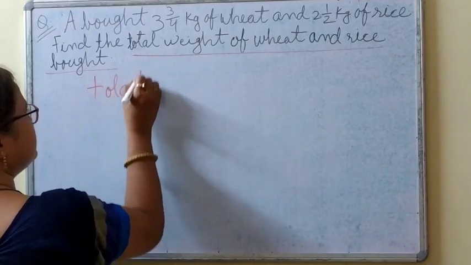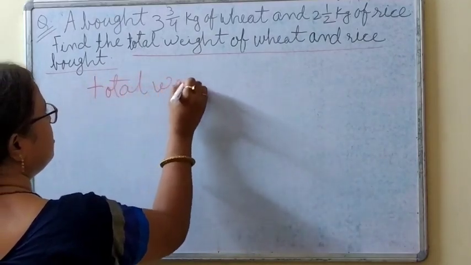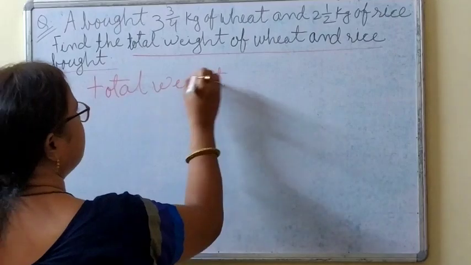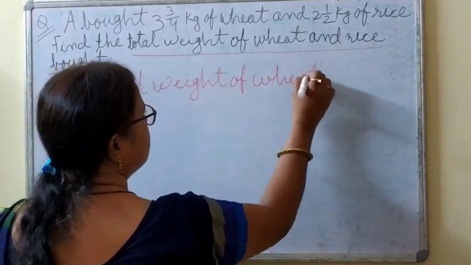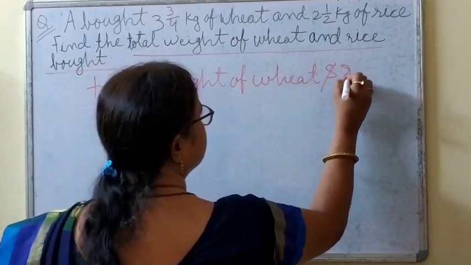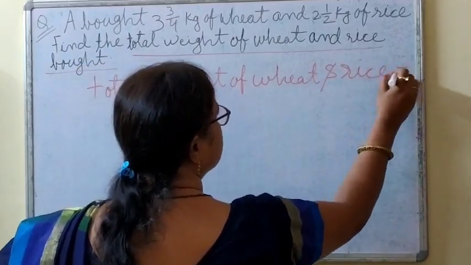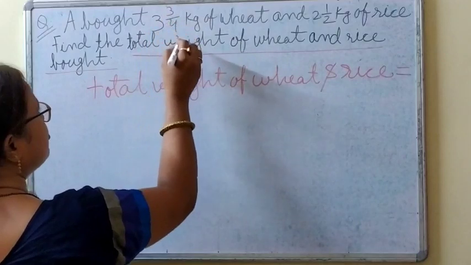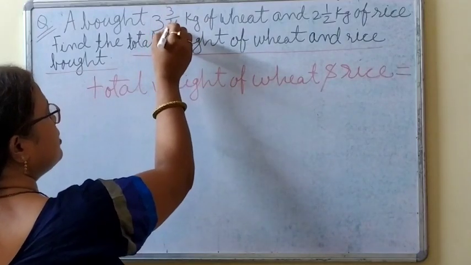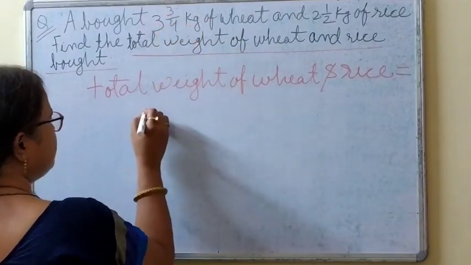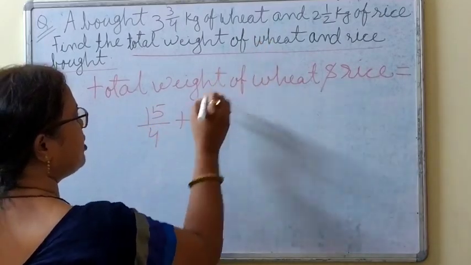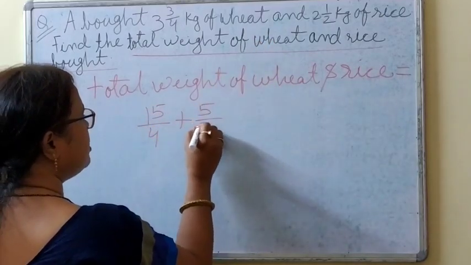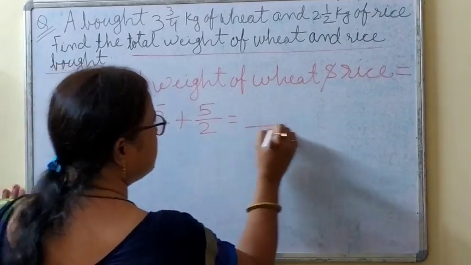First we will write: total weight of wheat and rice is equal to 3 by 4 means what? 4 3s are 12, 12 and 3 is 15, so 15 by 4, plus 2 2s are 4 and 1 5, so 5 by 2. Clear? Then find the LCM.